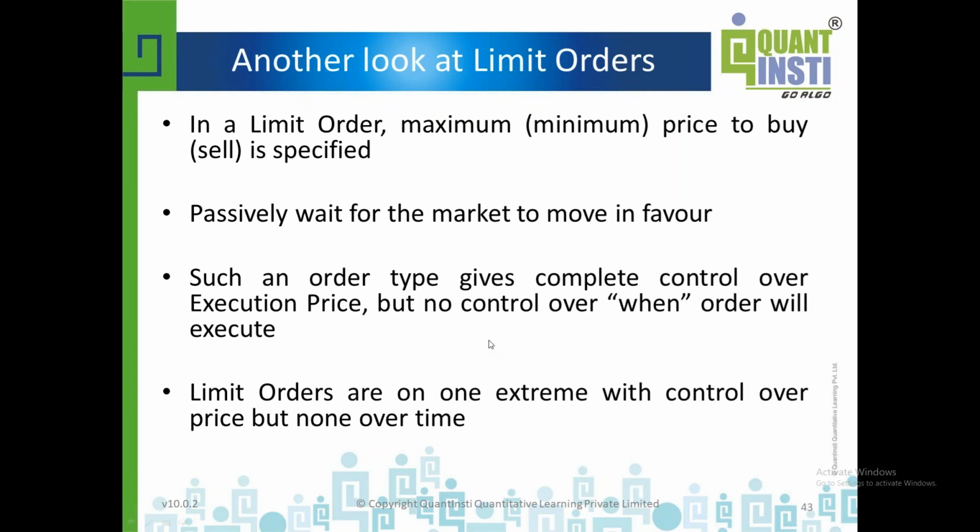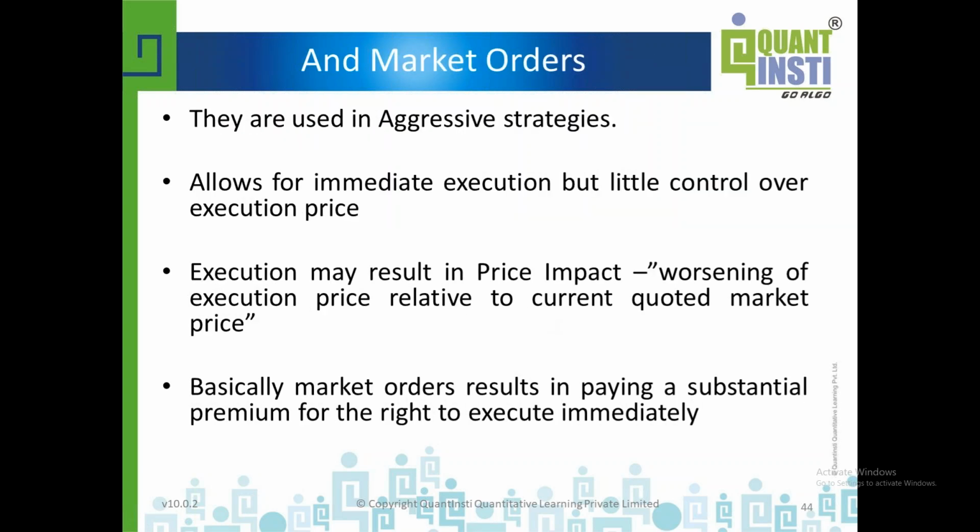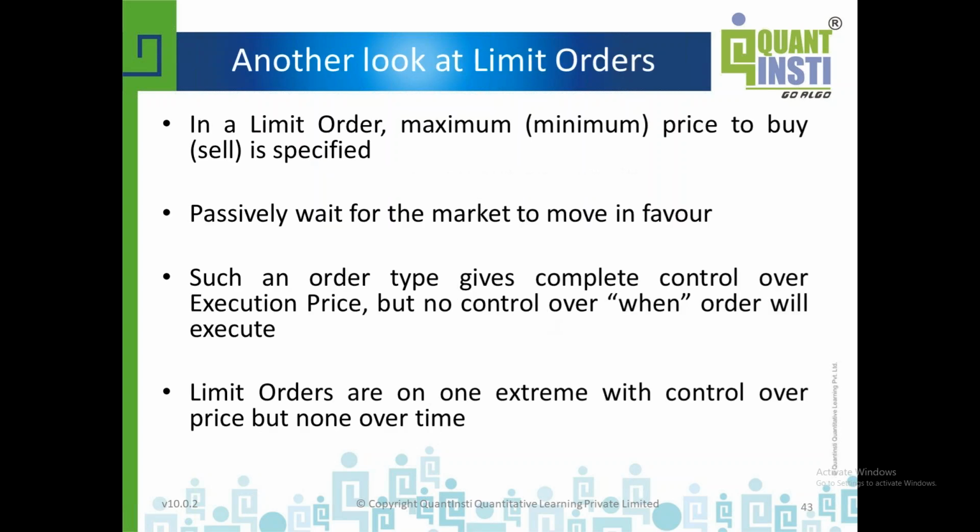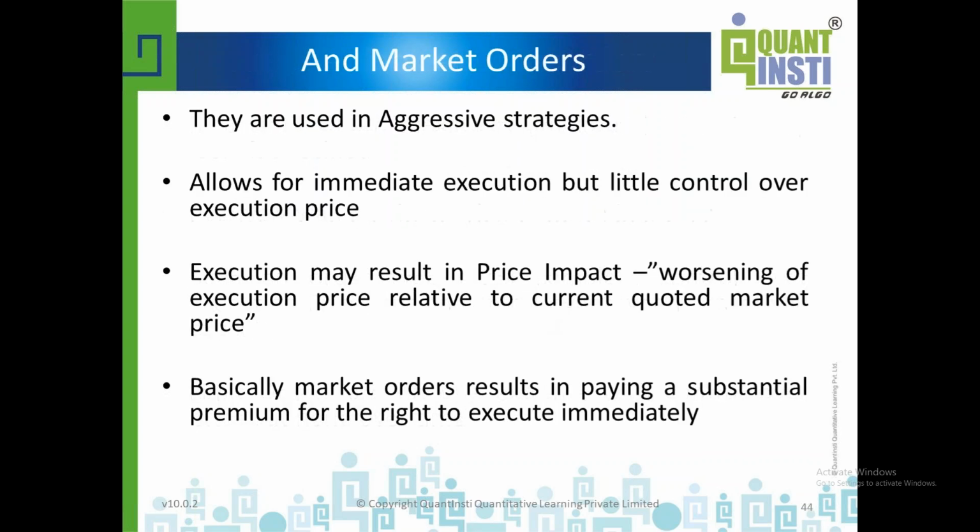You might have to wait 5 minutes, 10 minutes, an hour, or 1 second; you don't know. So one extreme is control over price, no control over time. This is a sort of passive order. An aggressive order is immediate execution. You remember the market order. This is the other extreme. It will get immediately executed, but you don't know the price, because the price can change. So these are the two spectrums: one is passive, one is very aggressive.